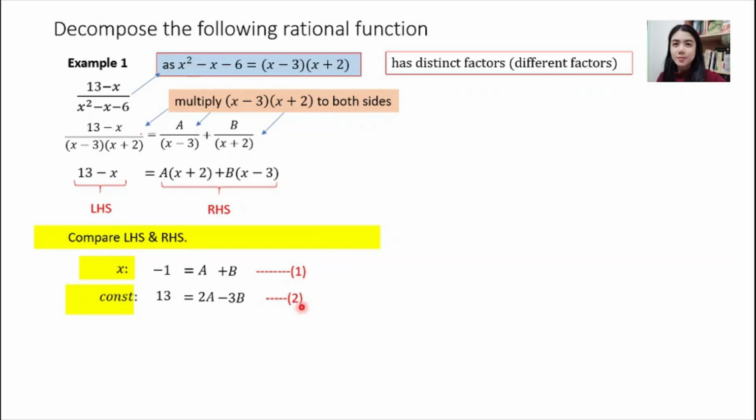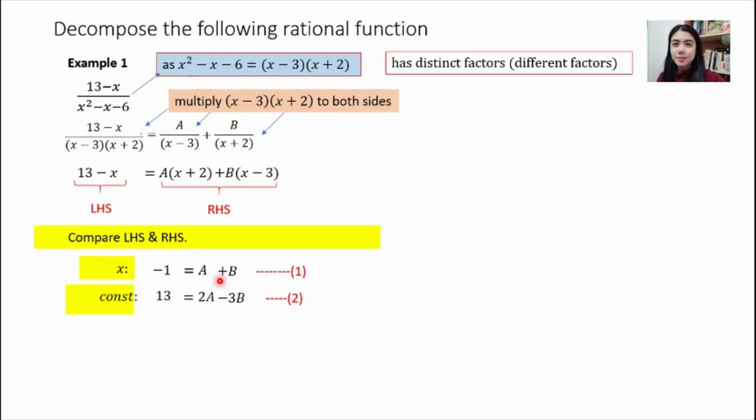For these two equations, in order to find the value of a and b, you have to solve it by using simultaneous equations. But how to solve it? You can see that basically I have the same variables in these two equations. I have variables a and b in these two equations.